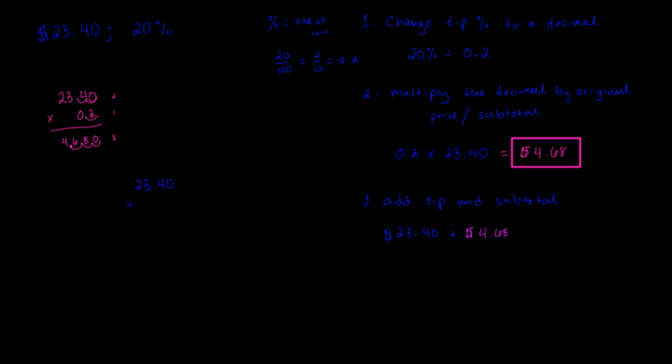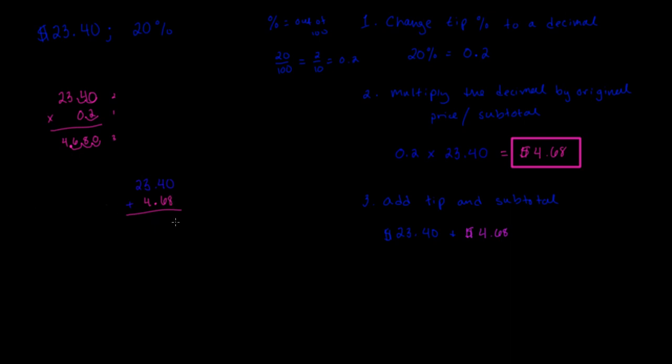Now, this does matter. We actually have to put the decimal places together now because we're adding. We have to make sure that they're in line. So this is going to be a 4 here. The decimal points line up, and then we have a 6, 8 right there. So they're lined up this way. And that keeps our place values in line, right? We've got the tens and tenths, hundredths here, and then you've got ones and tens. And they're all lined up together, so we're adding. All right, so we'll take those.